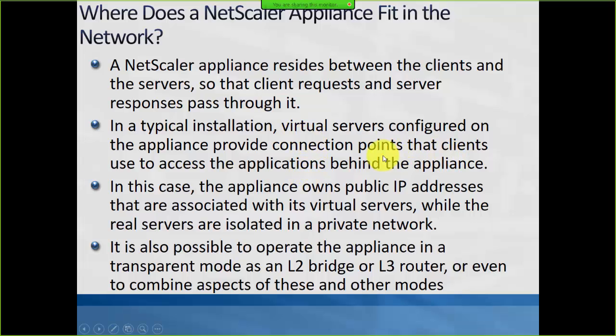So what's happening is clients will try to connect from outside to the NetScaler. When they hit the NetScaler with the virtual IP, or the public IP from the outside, the client has to be given an IP to reach your company networks. So when the client reaches, the virtual servers configured inside the NetScaler receive the client connection, and then provide connection points to access the applications.